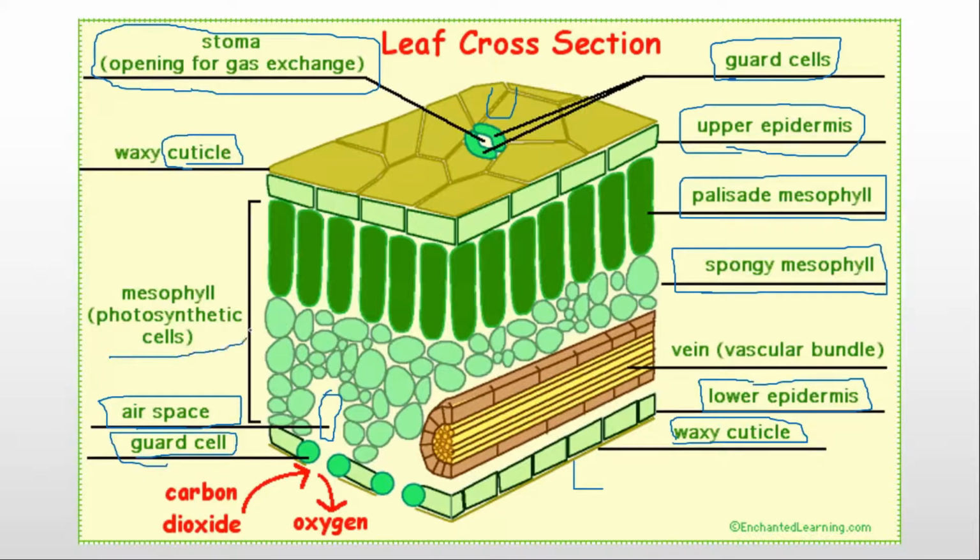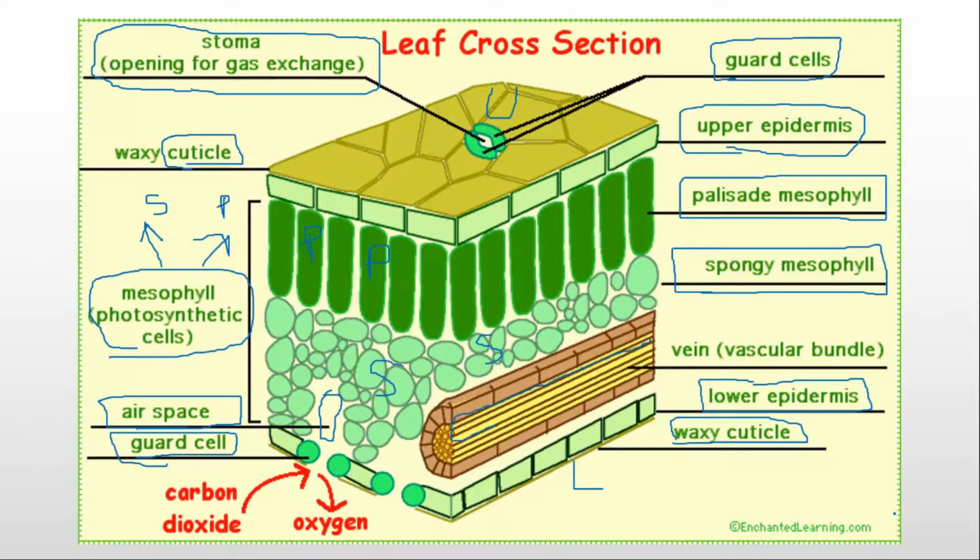The mesophyll photosynthetic cells include both the spongy mesophyll and the palisade mesophyll. But we know the palisade mesophyll cells are tightly packed, while the spongy mesophyll cells have air spaces between them, even though both have the role of trapping light energy and carrying out photosynthesis. Other than that, we have veins.